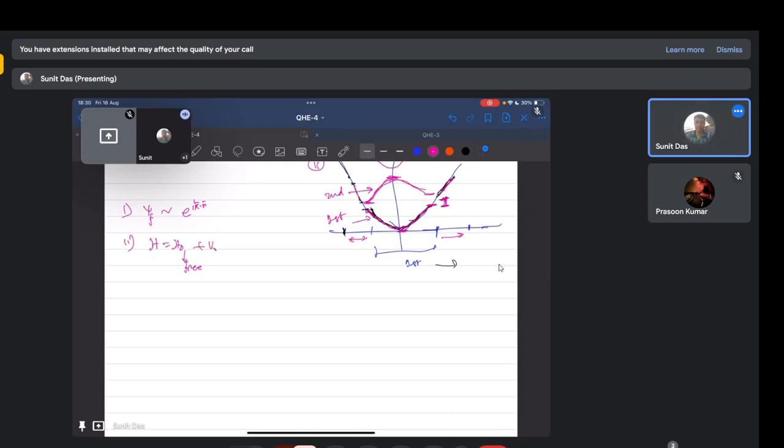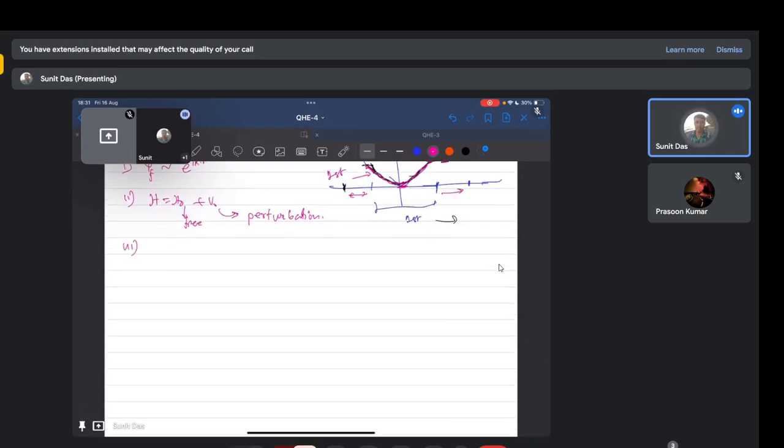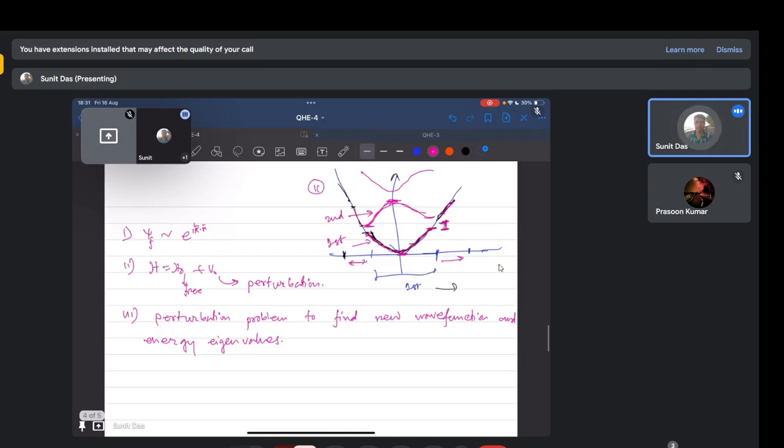You add V0, and this is the perturbation, and you solve the perturbation problem to find the new wave function and energy eigenvalues.